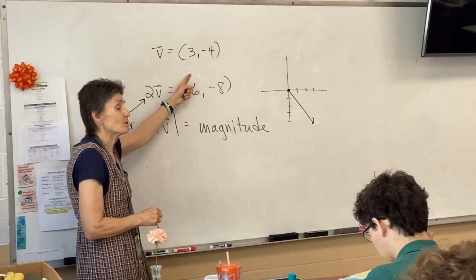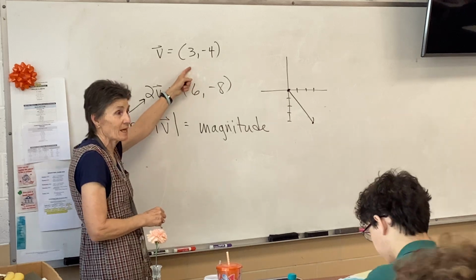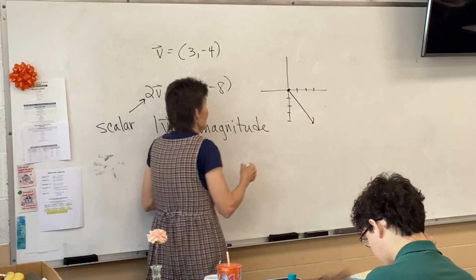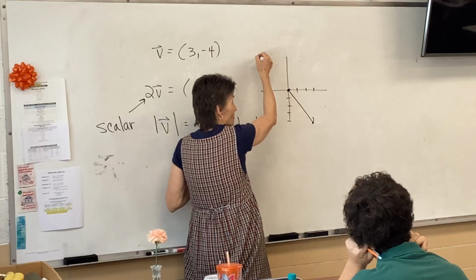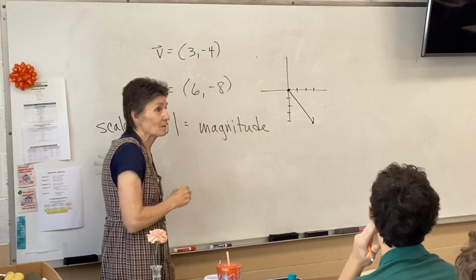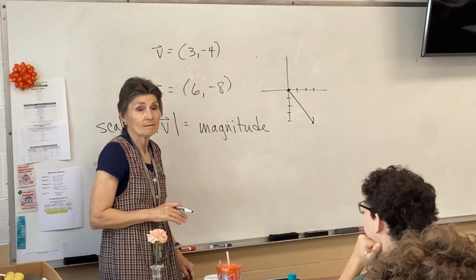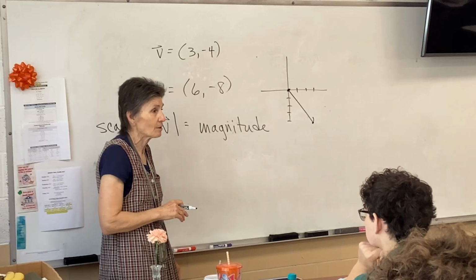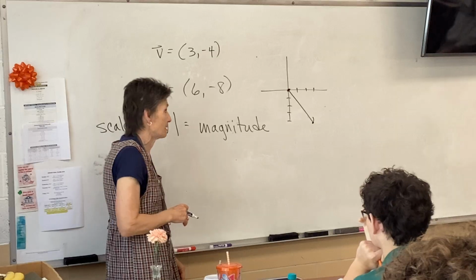Now, there are zillions of vectors with those coordinates. For example, if I started up here somewhere, could I draw a vector that moved that way? Yeah. I'm just picking the origin as a place to start because that keeps everything easy.